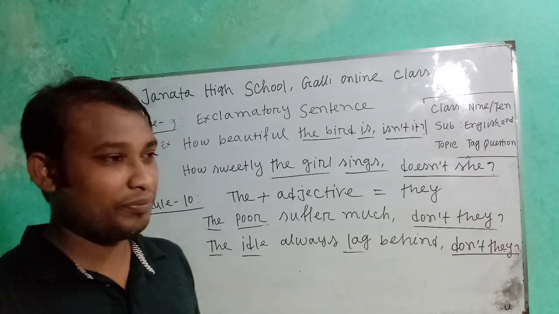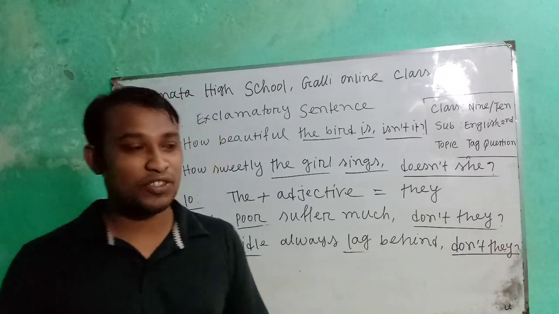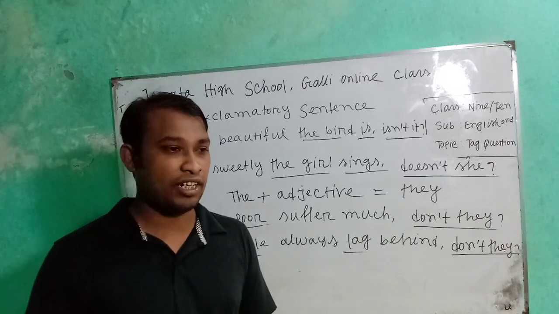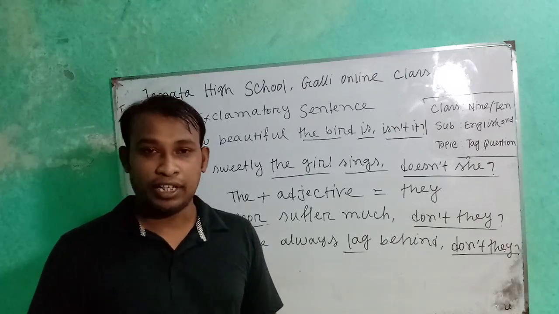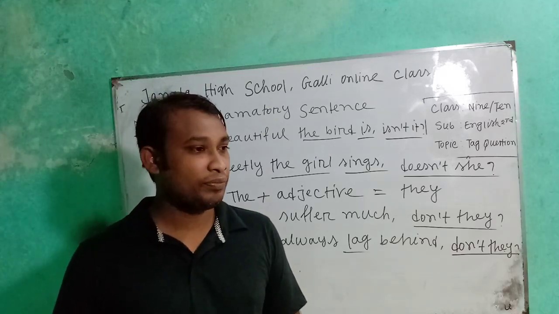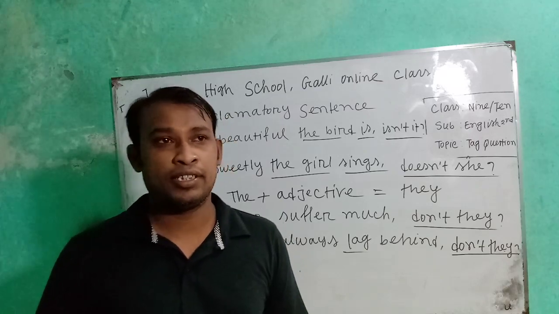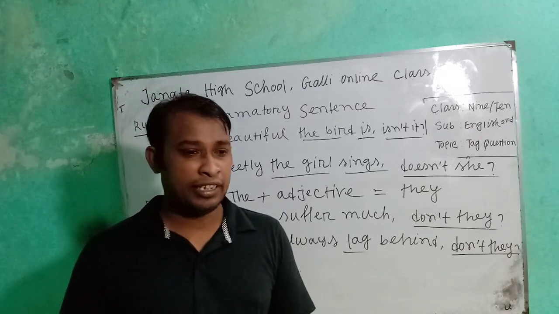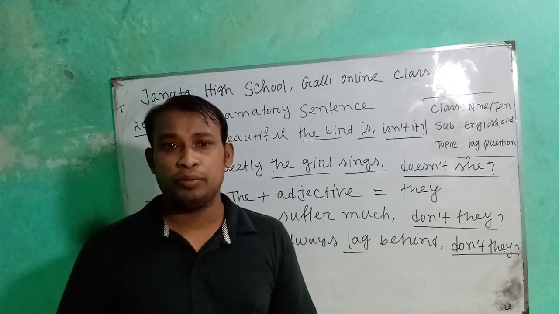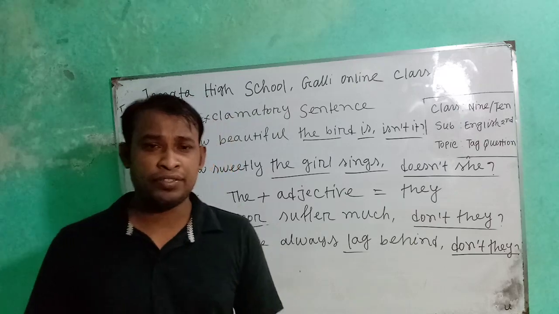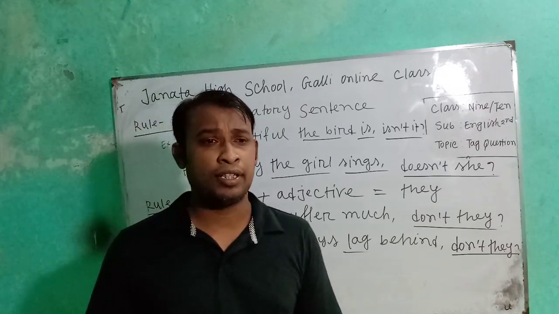So dear students, I have to finish the class today, and I will discuss the rest of the rules in the next class. And I would like to advise you that as you have been staying at home, you have to follow some rules in order to be saved from coronavirus by the grace of Almighty Allah.